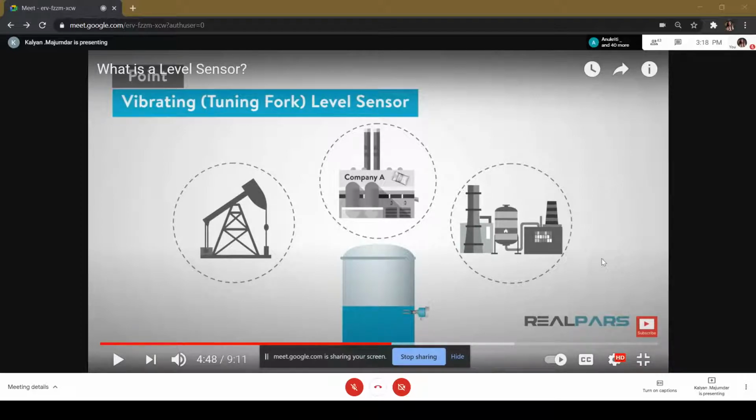So in the absence of liquid, any contact that is closed is normally closed. In the absence of liquid, any contact in the level switch that is open is normally open. This terminology is important. So in a level switch, in the absence of liquid level, any contact that is closed is an NC contact. Any contact that is open is an NO contact.